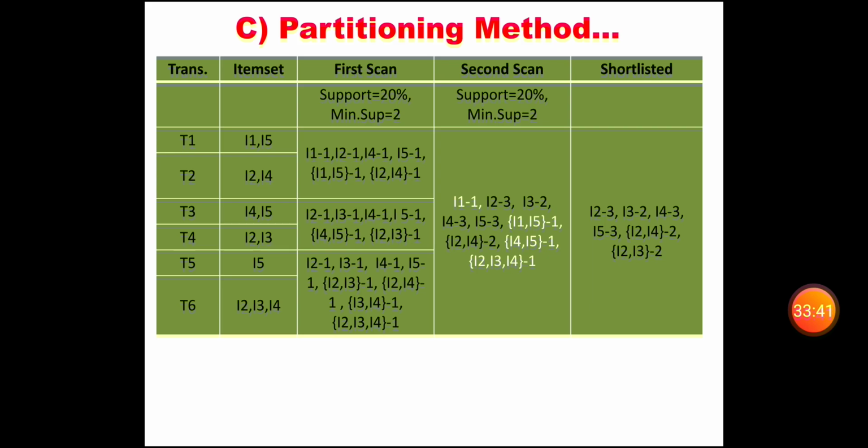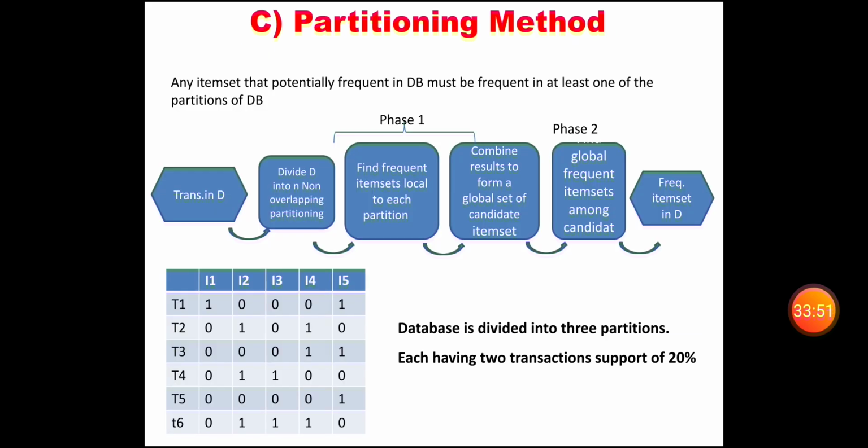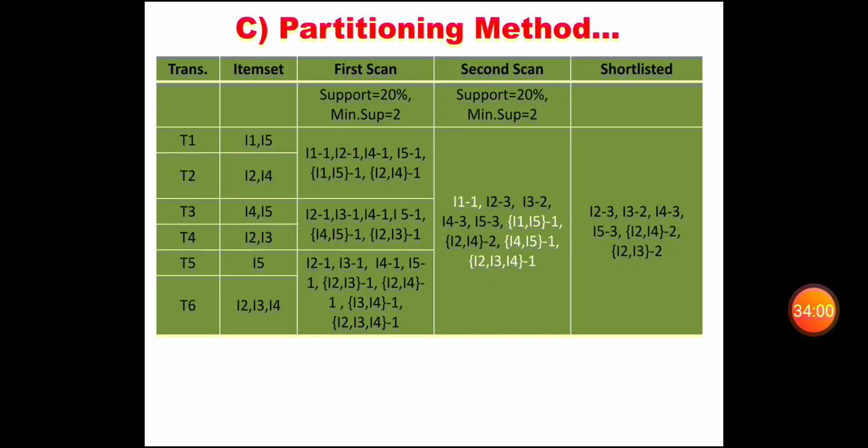The item sets here are of 2 items. The same item sets we are going to take over here: I1 I5, I2 I4, I4 I5, I2 I3, I5, and I2 I3 I4.